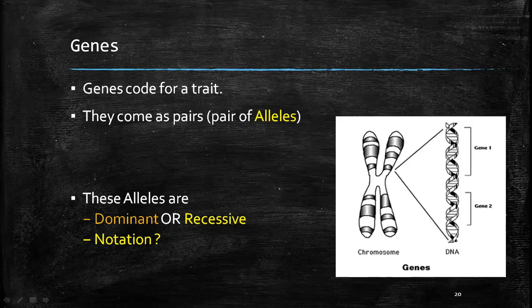Some alleles are dominant or recessive. When an organism is heterozygous, meaning different, at a specific locus and carries one dominant and one recessive allele, the organism will express the dominant phenotype. For example, let's consider the pair of alleles that code for skin color.